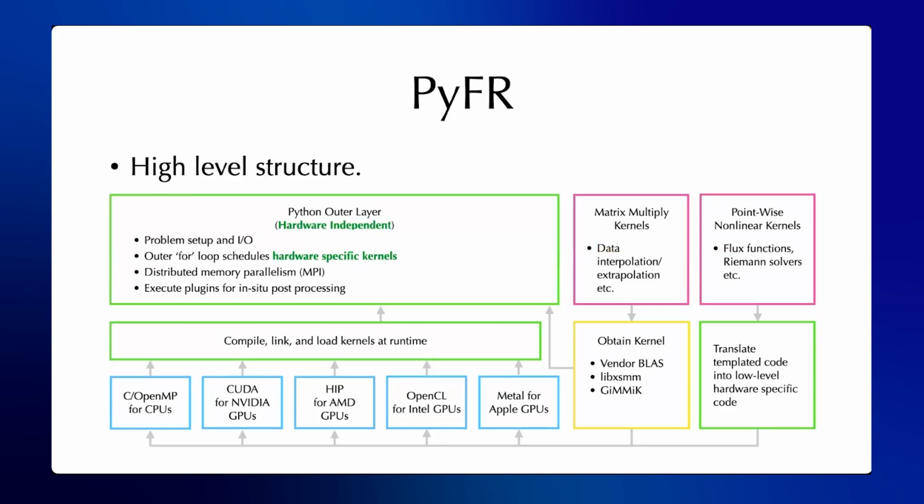And at runtime, we translate those kernels along with parameters about your particular simulation configuration into C code, CUDA code, HIP code, OpenCL code, and even, if you like, metal code that allows us to run on the full suite of GPUs that are around today. And then those kernels are what are called by the Python outer layer that is also responsible for disk I/O and anything to do with MPI.